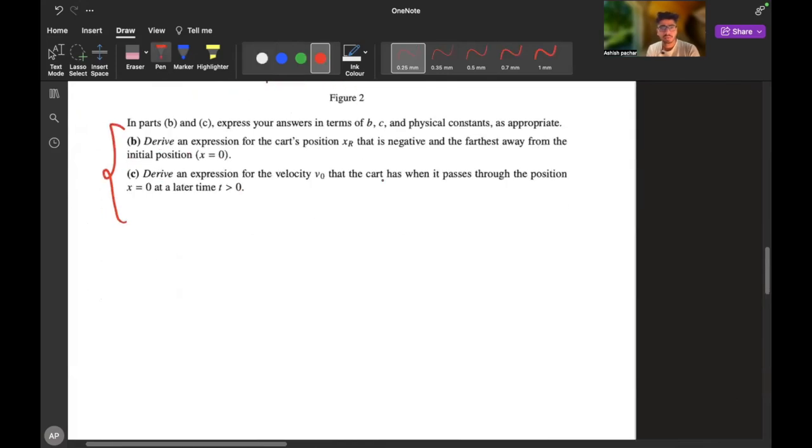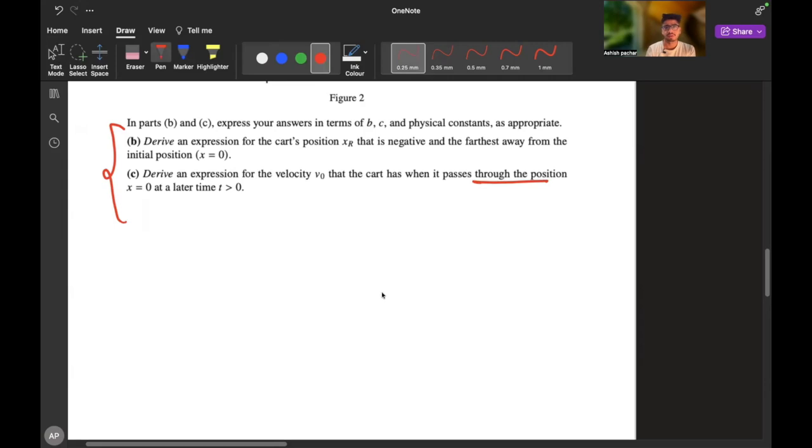Derive the expression for the velocity Vt that the cart has when it passes through the position x equal to 0 at a later time. So basically, we have to derive the expression for the velocity.